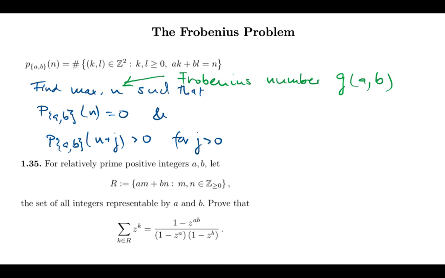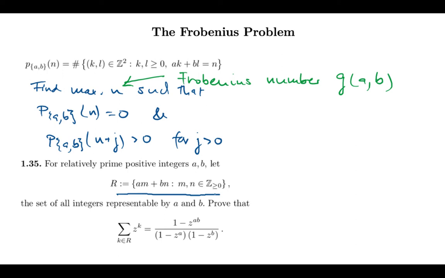But what I wanted to point out is an exercise in chapter 1, so it's on the bottom of this page. It's another approach that's not in the body of the book, but it's an approach that I like very much. It's a different kind of generating function. So what you do here is you look at the set of all possible numbers that do have a representation in terms of a linear combination of a and b with non-negative integer coefficients.